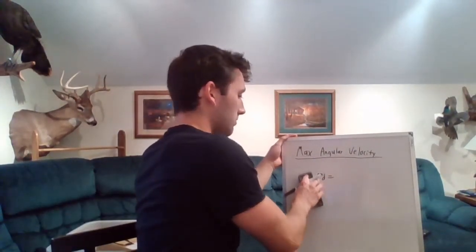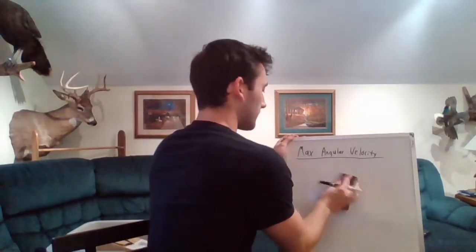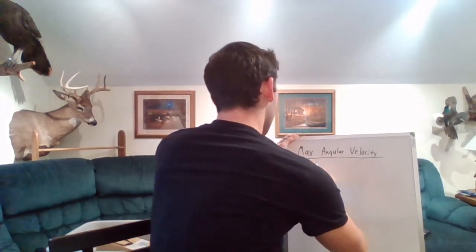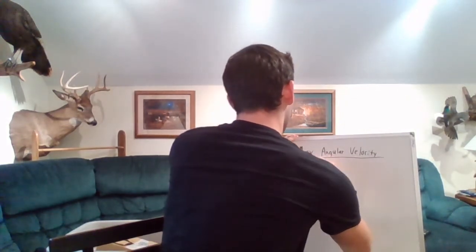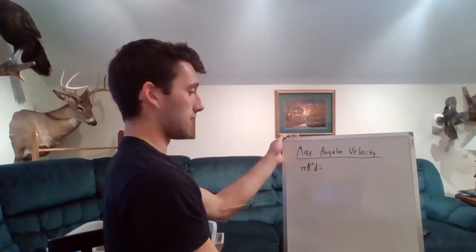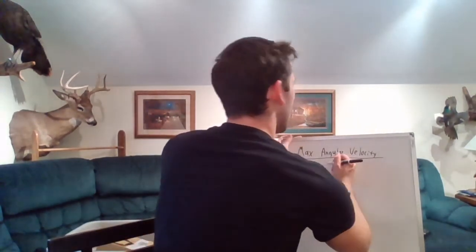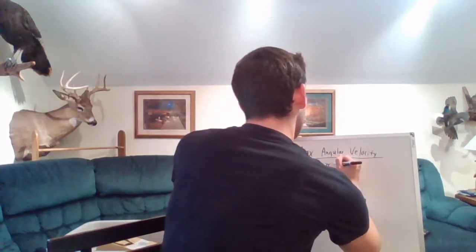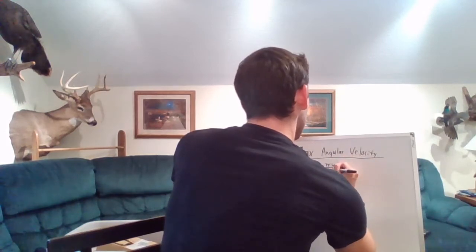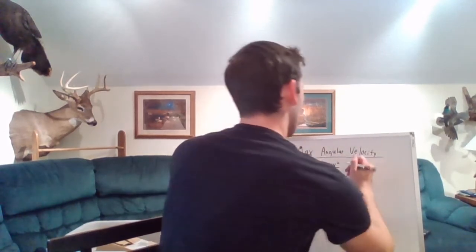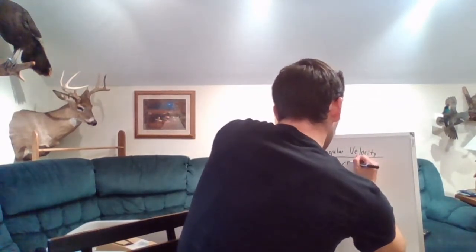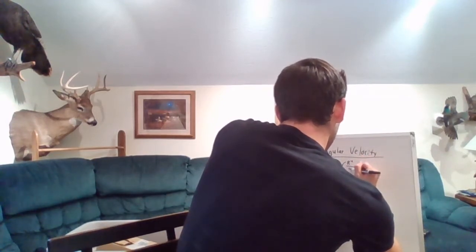This is a pi, it was a poorly written pi, so I'm just going to write this bigger. And it equals the equation we just had: pi w squared over g multiplied by r to the 4th over 4.